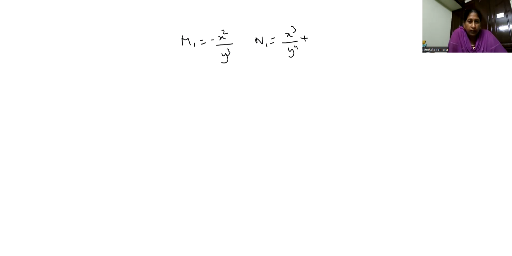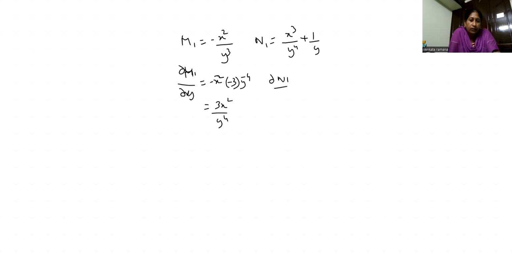Again we compute ∂M1/∂y. x square stays constant, and y power minus 3 has derivative minus 3 into y power minus 4. Finally we get 3x square by y power 4. Next, ∂N1/∂x.